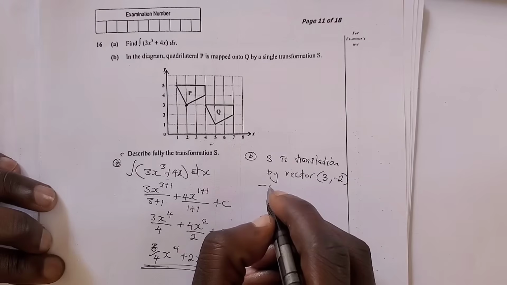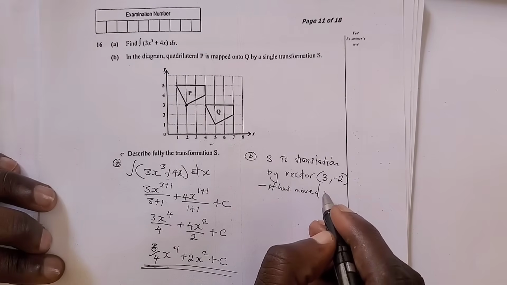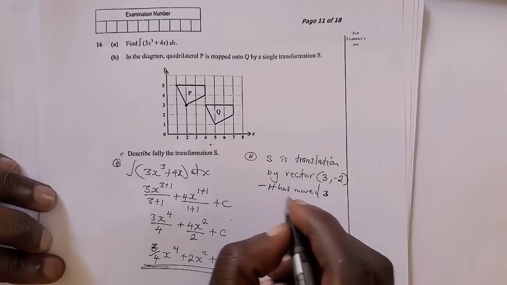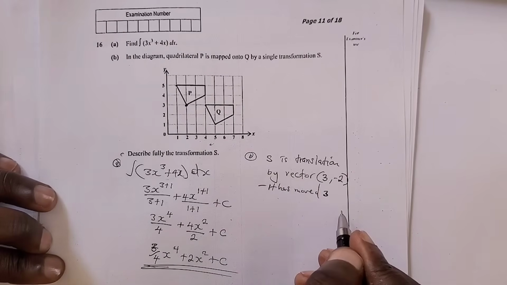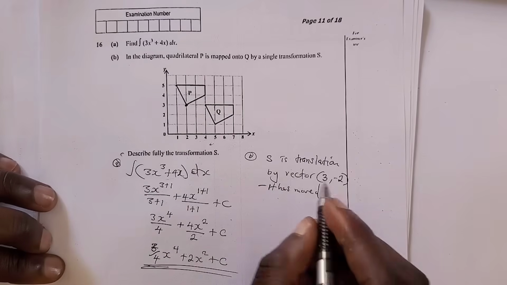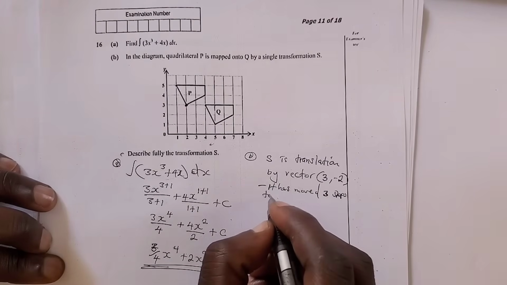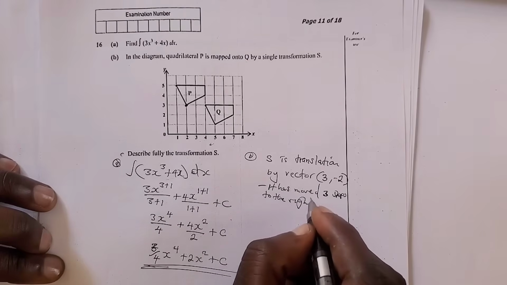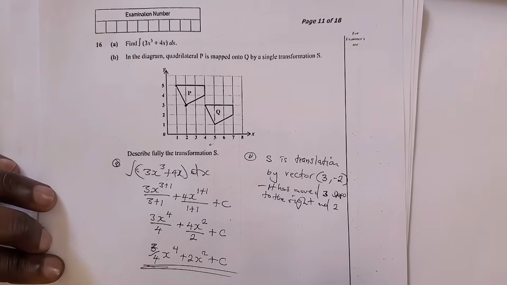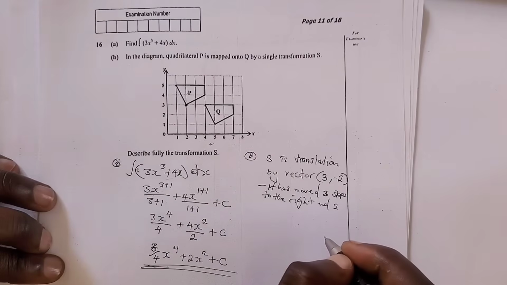In other words, it has moved 3 steps to the right and 2 downwards.